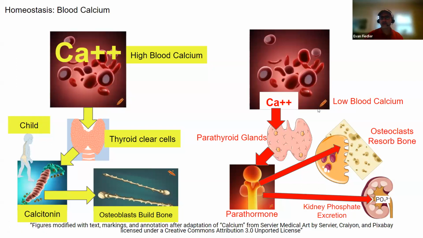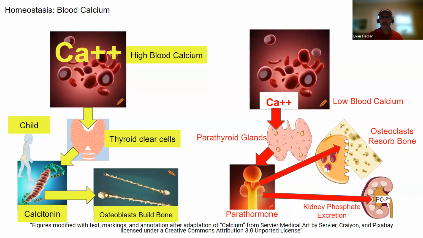Here, low blood calcium causes the parathyroid glands to release parathormone, stimulating osteoclasts to resorb bone. Clast, crush, break down. And it also stimulates the kidneys to excrete phosphate, so hydroxyapatite isn't being formed.